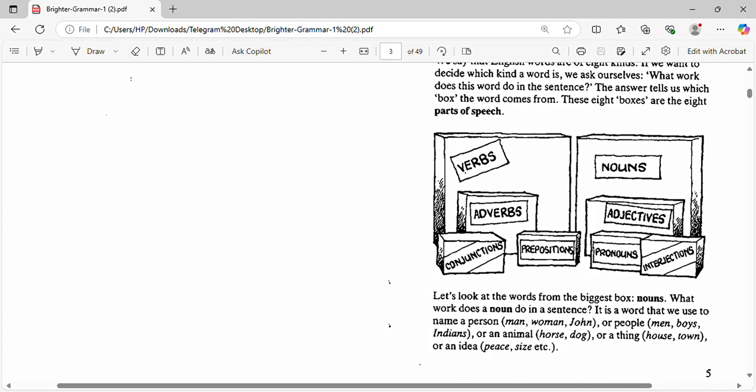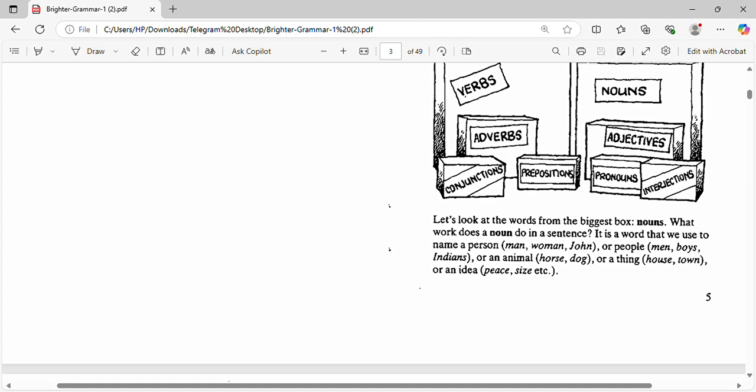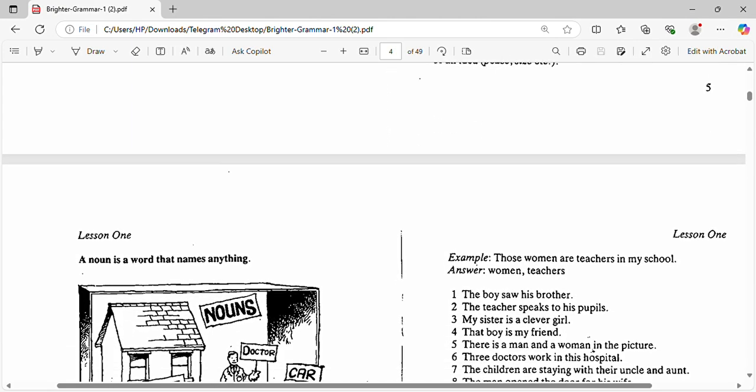Let's move on. Now we're going to be looking at nouns first. We have 8 parts of speech and one of them is nouns. So let's look at the word from the biggest box now. What work does a noun do in a sentence? It is a word that we use to name a person or people, an animal, a thing, or an idea. Nouns are basically naming words.